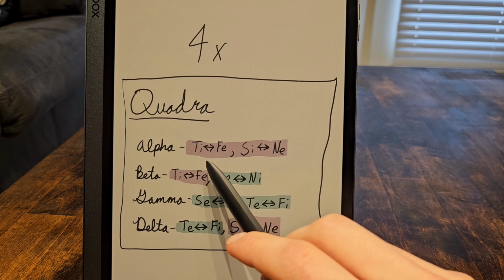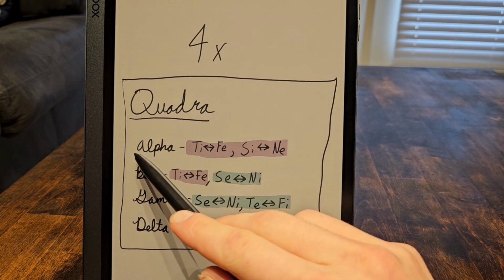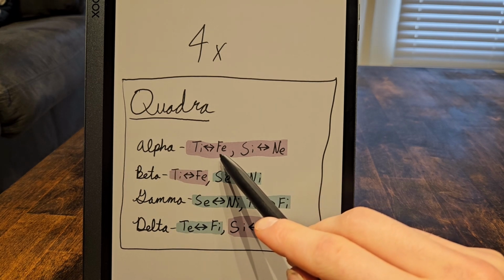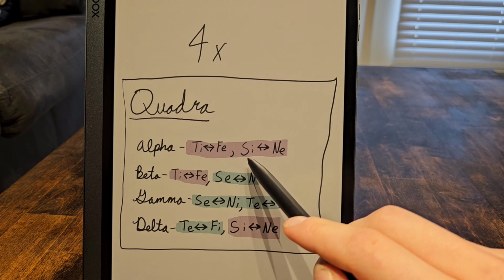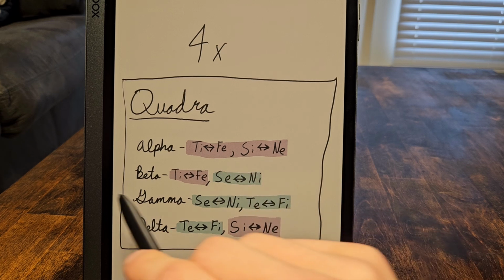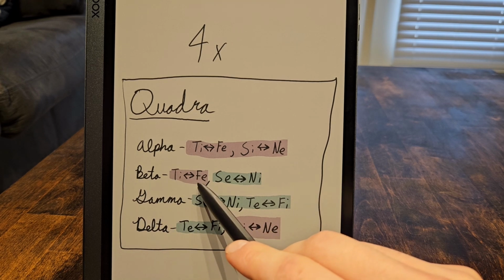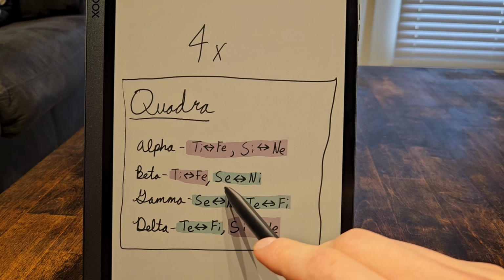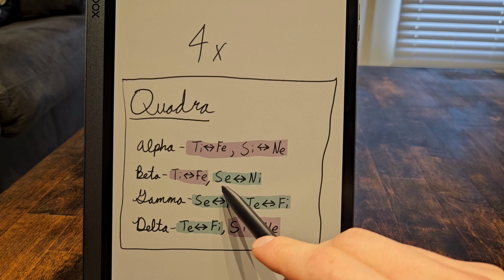So a tester type, a double feminine type, is going to have, if they're in the alpha quadra, feminine FE, because that's the extroverted decider, and they're going to have feminine SI, because that's the sensing function. If a tester is in the beta quadra, they'll have feminine FE, because that's the extroverted decider, but then they will have feminine SE, because now in the beta quadra, the sensing function is extroverted, but it's still the sensing function, right?